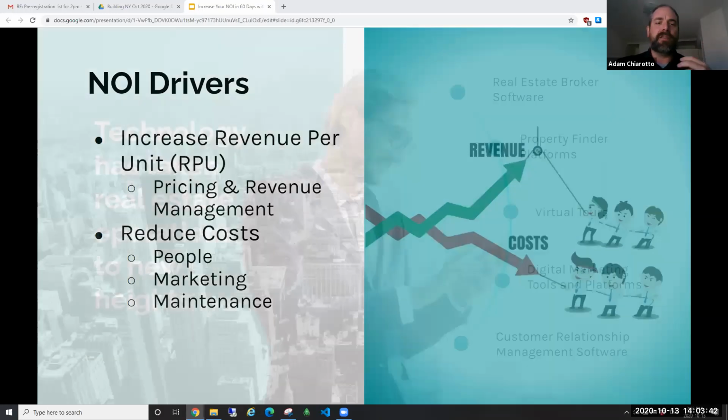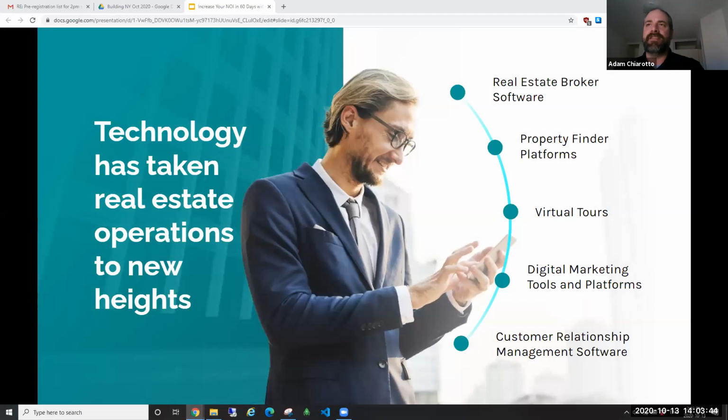Now, over the last 10, 15, 20 years, there's been a lot of technology that has really taken real estate to places it's never been. We've got real estate brokerage software, virtual tours, online marketing and MLM platforms, and of course CRM software that's really impacted almost every single aspect of the multifamily industry.